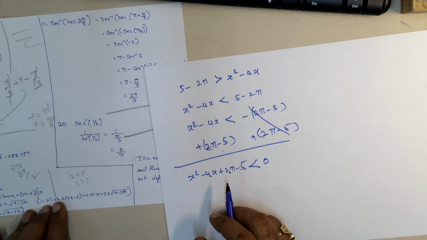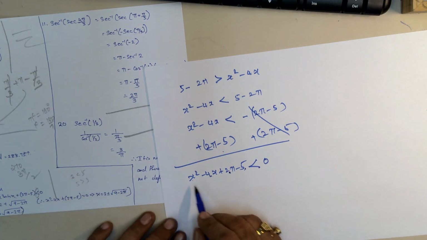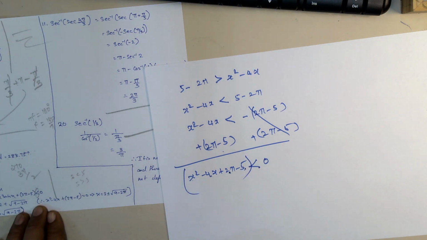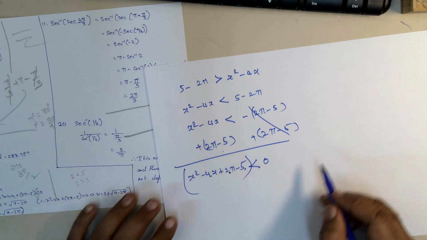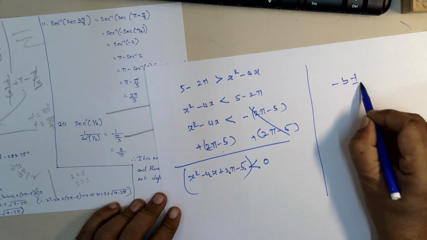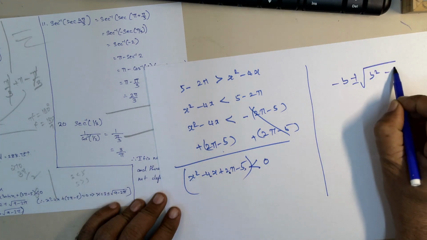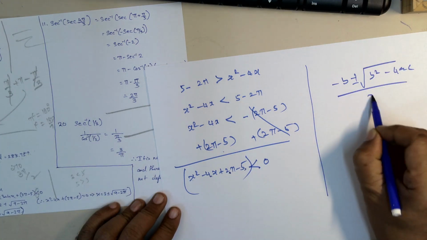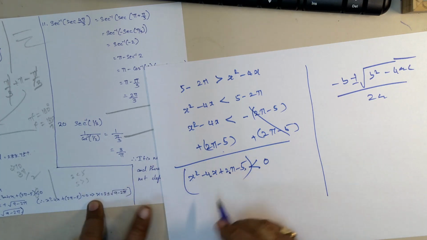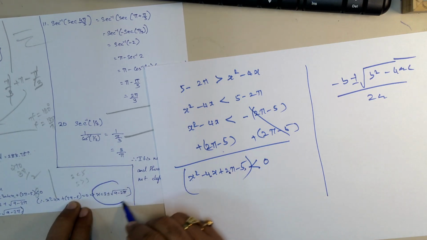That is nothing but we want to evaluate this, and you have to apply the quadratic formula. So how do you do the quadratic equation? Minus b plus or minus the whole square root of b squared minus 4ac divided by 2a. So they have substituted this formula and obtained the value of x. Got this point?